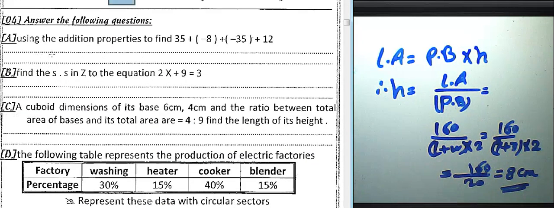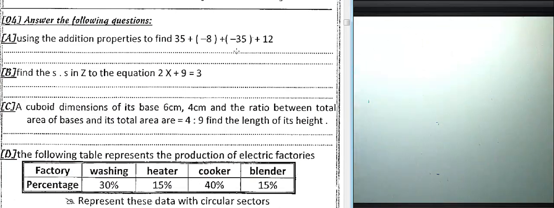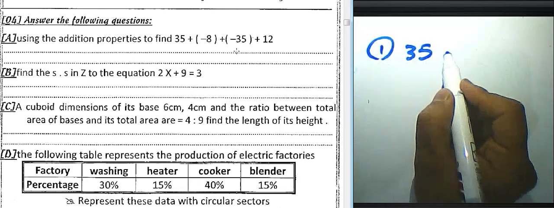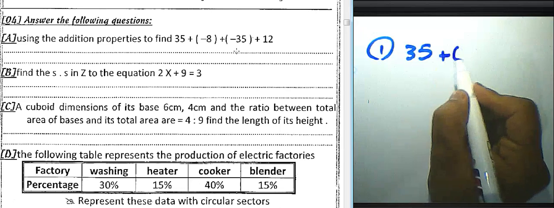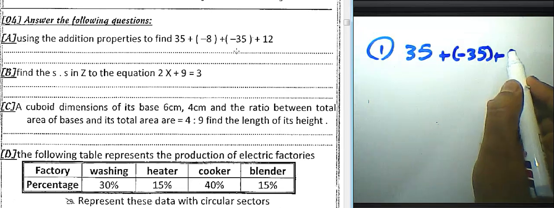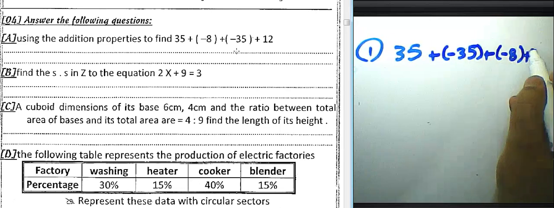Question here, number 4. Using the addition properties to find 35 plus negative 8 plus negative 35 plus 12. We can use the commutative property and the associative property to find the result. Look here. We can write 35 plus negative 35, and we can write negative 8 plus 12.